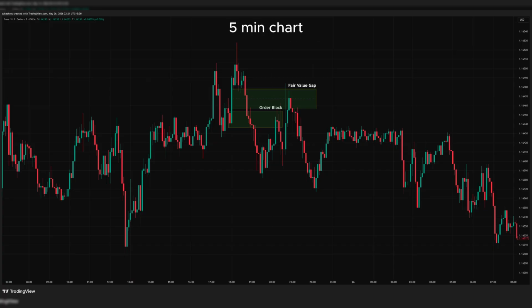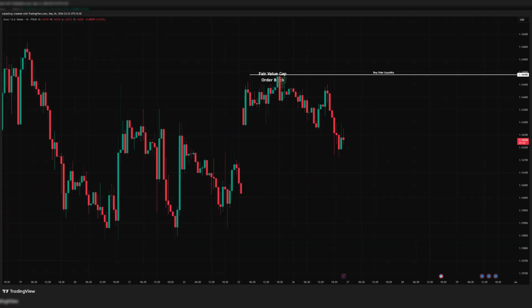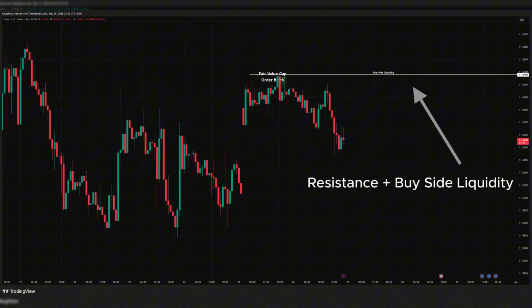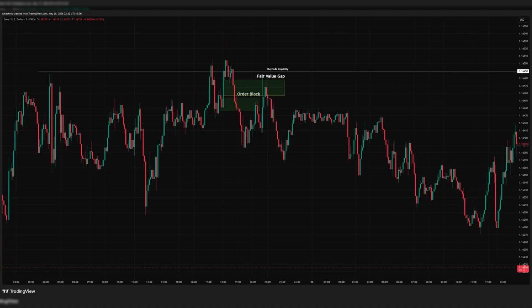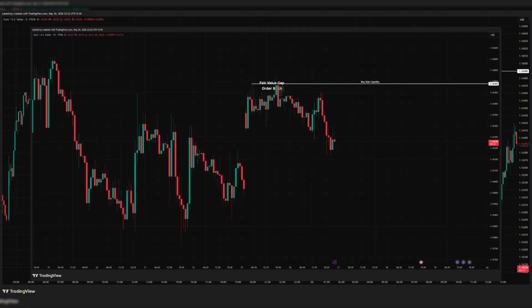You spot a clean order block. There's a fair value gap. Everything looks perfect for a buy. Then suddenly, the market reverses hard. Why? Because price reached a major resistance level on the 1-hour chart. The lower time frame setup looked strong, but the higher time frame level had more influence.